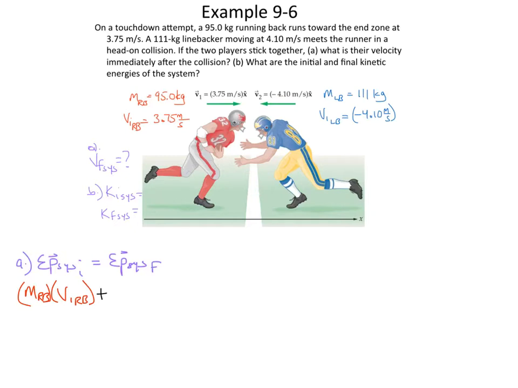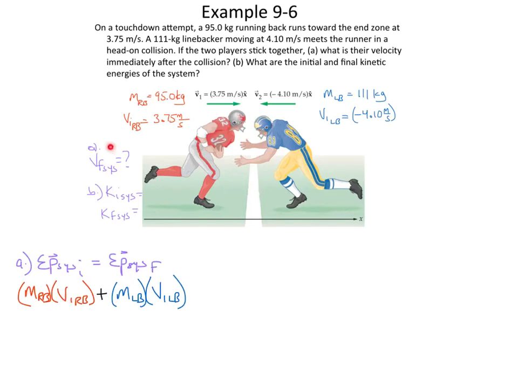The linebacker. So that is the mass of the linebacker times the initial velocity of the linebacker right there. That is the initial momentum of the whole system.